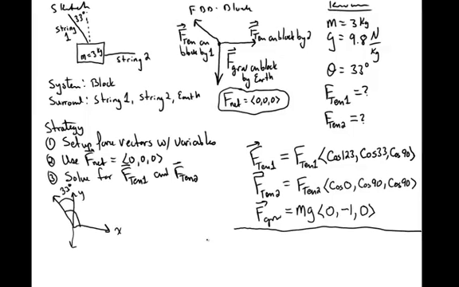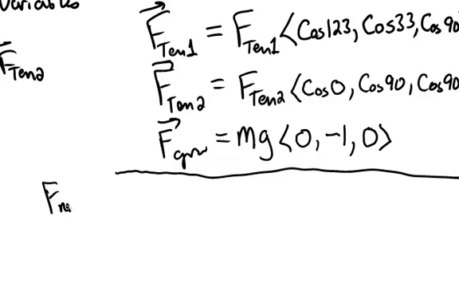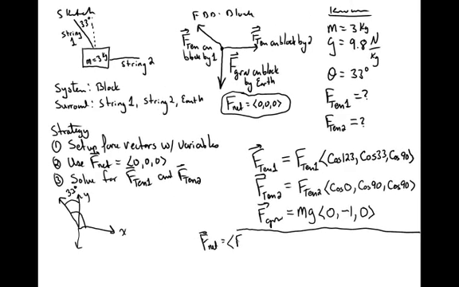So the next step then is just to figure out what my net force is. And I'm just going to go down each of the components and add them up. So in the x component, I've got F10(1) cos 123 plus, let's see, the cosine of 0 is 1. So this is just F10(2), and that's a 0.